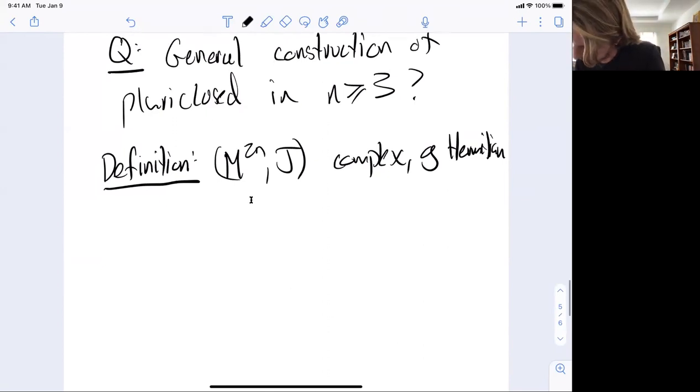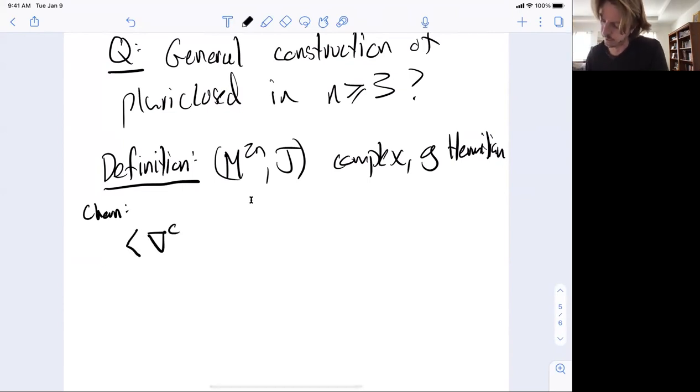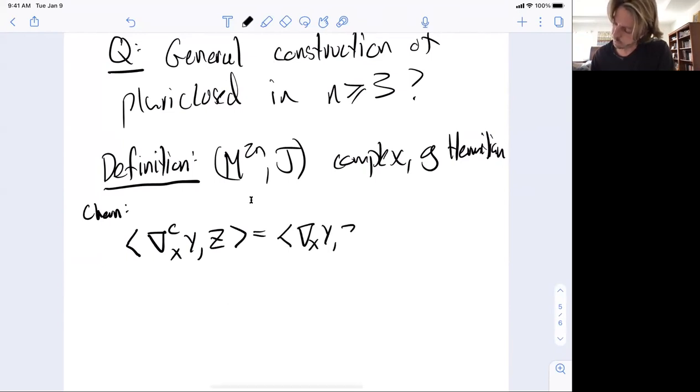So first we have the Chern connection, which I'll denote like this: nabla^C_X Y Z. This is the Levi-Civita connection minus 1/2 dω(JX, Y, Z).